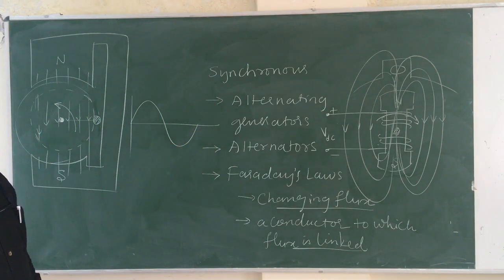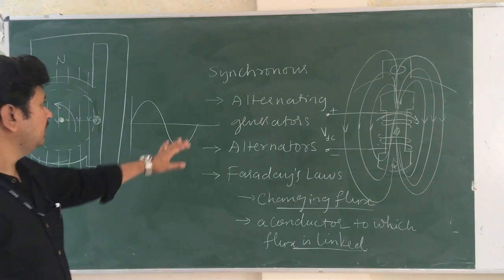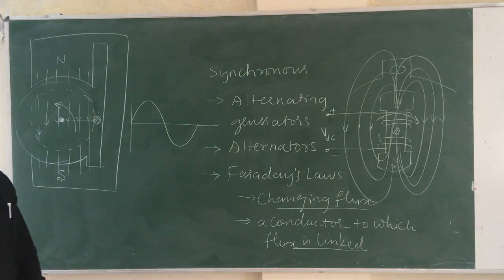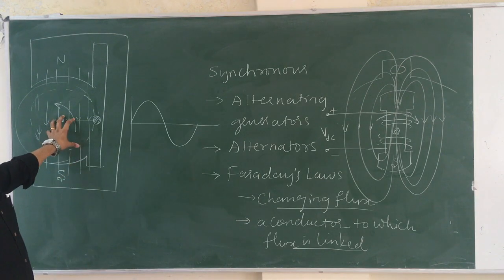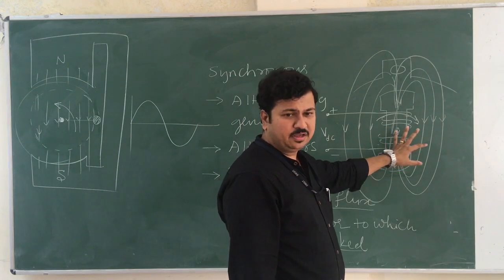Okay? Now which of these two systems I should use for generating electricity in synchronous generators or alternators? Which will be more advantageous? That is my point. If I use this, it is more advantageous, or if I use this, it is more advantageous. Okay?